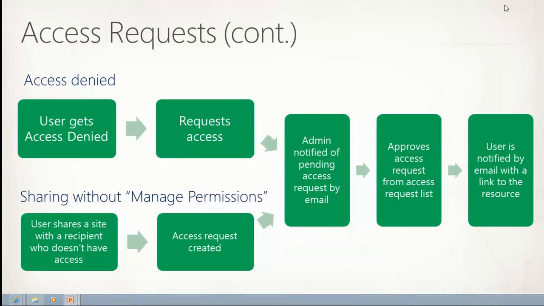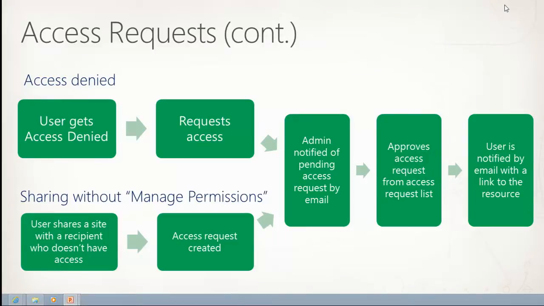The second case is sharing without managed permissions. So let's say I'm a user who doesn't have managed permissions on this site. I'm just a member. Mary is the admin in this case. So let's say I share this site with you. I will be able to do that using the same sharing UI. At that point, an access request will be generated, and Mary will be notified that Gaurav is trying to share this site with a person.